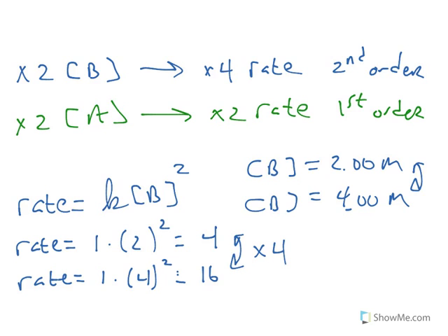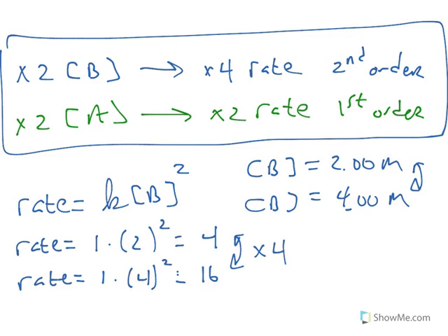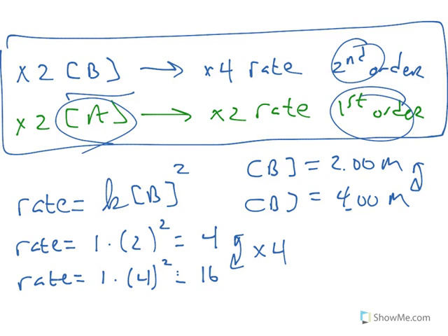So now we can go back and look at these numbers here. All right? We say it's what? Second order in B, first order in A. All right? So now we can write the rate law. The rate law is going to be K. That's always the case.